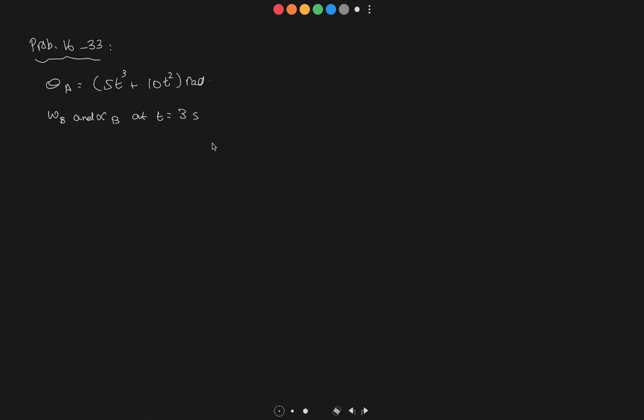So if we have pulley A here and pulley B here, we have to move from A to B. Because of the connection, the tangential acceleration at A should be equal to the tangential acceleration at B. Also, the tangential velocities must be equal.